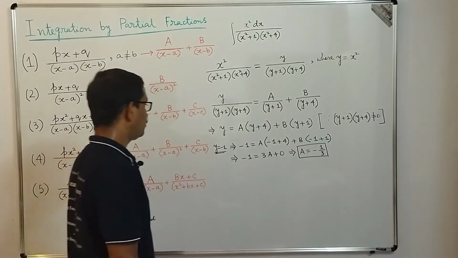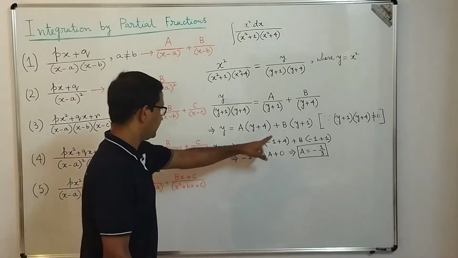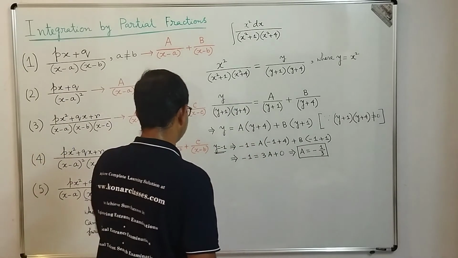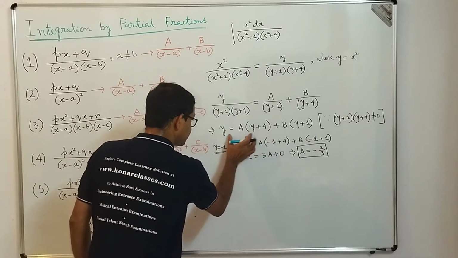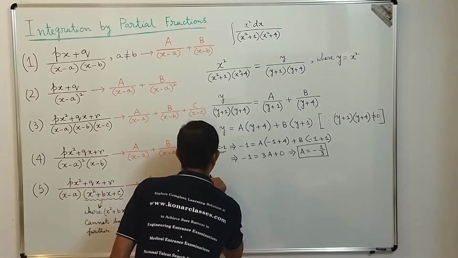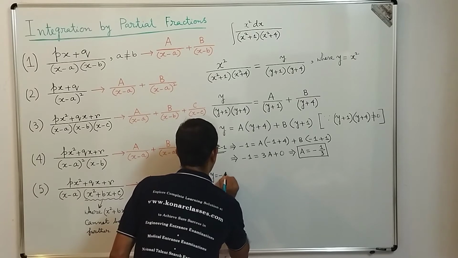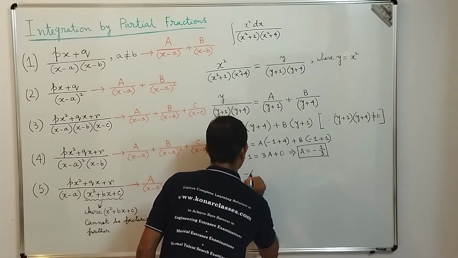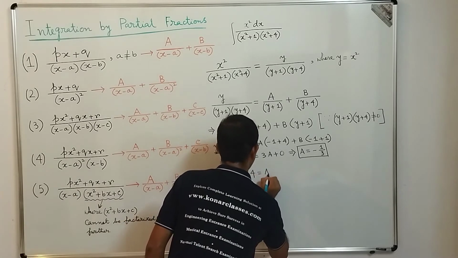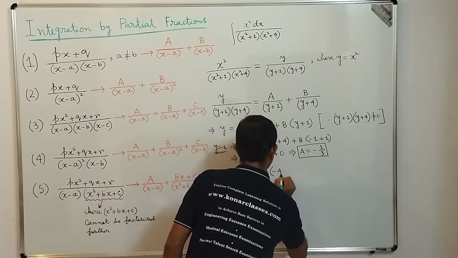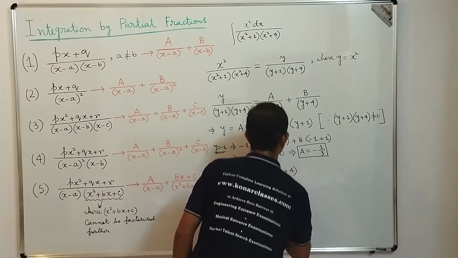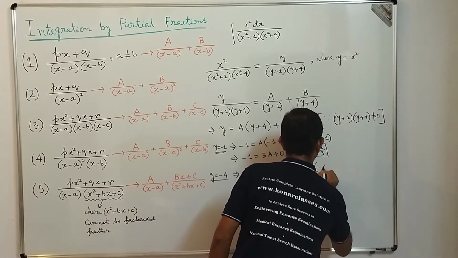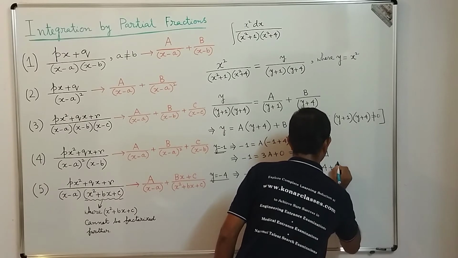Okay. Now how to find the value of B, the other real constant? For that we should apply the value of y as minus 4, so that this expression will become 0. So we apply y is equal to minus 4. Then we get minus 4 is equal to A into (minus 4 plus 4) plus B into (minus 4 plus 1).